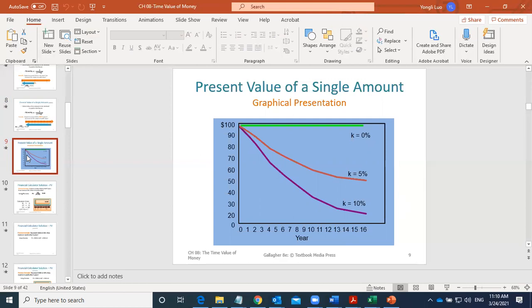If the interest rate is 5%, you more likely have to deposit $50. So it's really associated with the required rate of return or the interest rate, and also how long it takes.